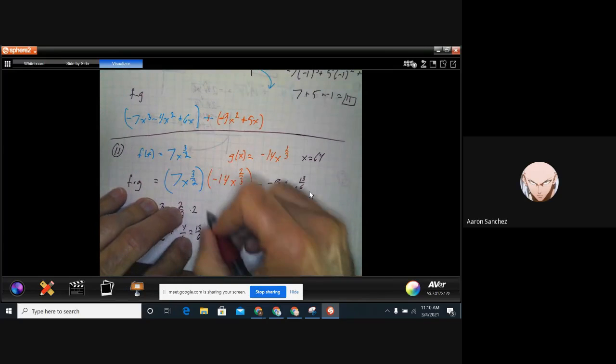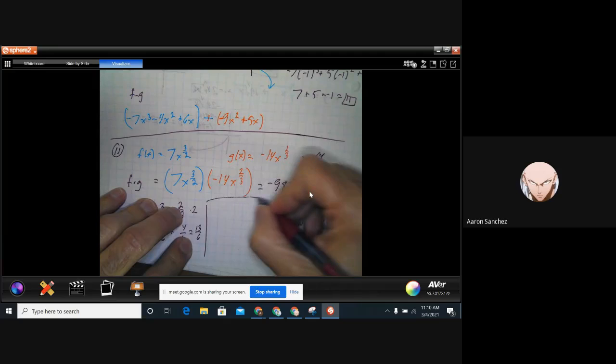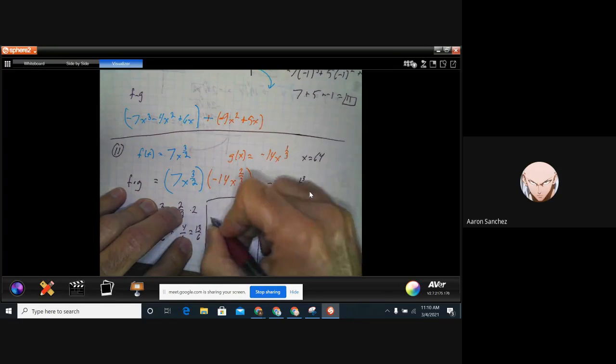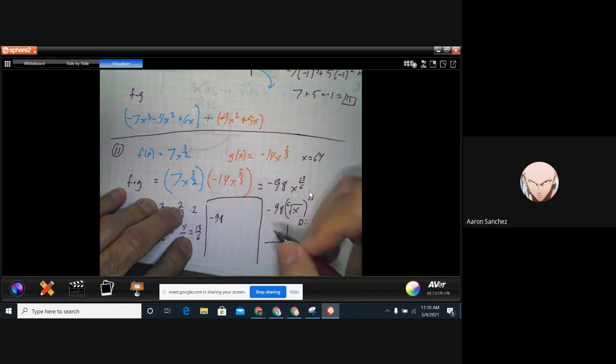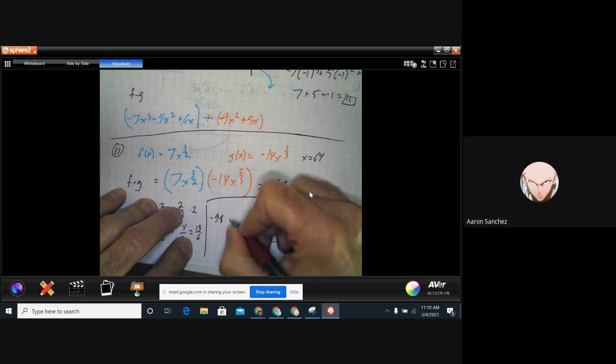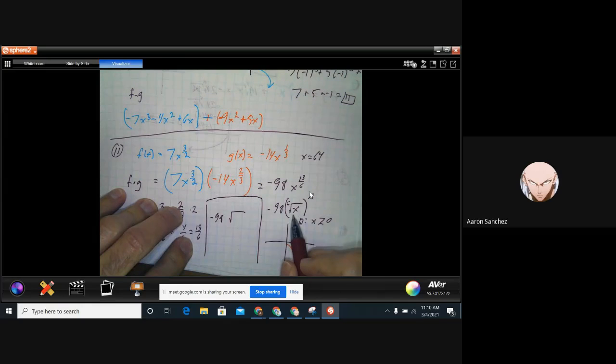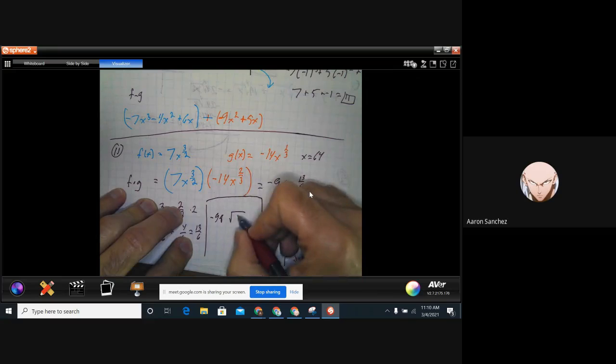Let's plug in 64. Okay, I might run out of room. Can I do a little space right here? Negative 98 times the 6th root of 64, raised to the 13th. I'm going to write this one here. It's the same, but it's easier for me to see.